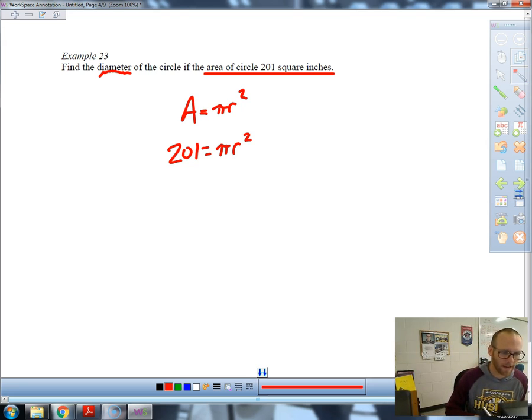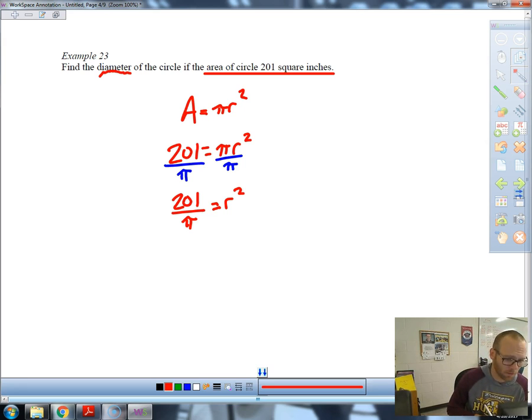I have pi times r squared. As we work to isolate r, the first thing that we have to take care of is this pi. This is pi times r squared. We need to divide by pi on both sides. 201 over pi is equal to r squared.